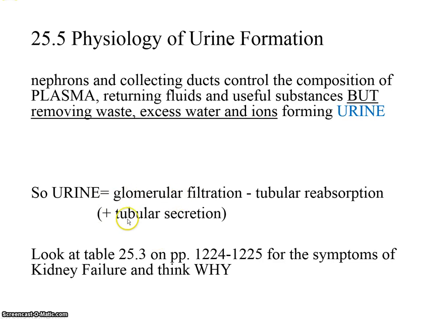What's added to the filtrate, though, is stuff that gets secreted. So we have to look at that as well. And so the relationship of these is that urine is a result of all this filtration minus reabsorption, which is typically about 99%, plus any secretions that move stuff from the blood to the tube. There's a lovely table on page 1224 to look at the symptoms of kidney failure, and again, think about why these things present in people.